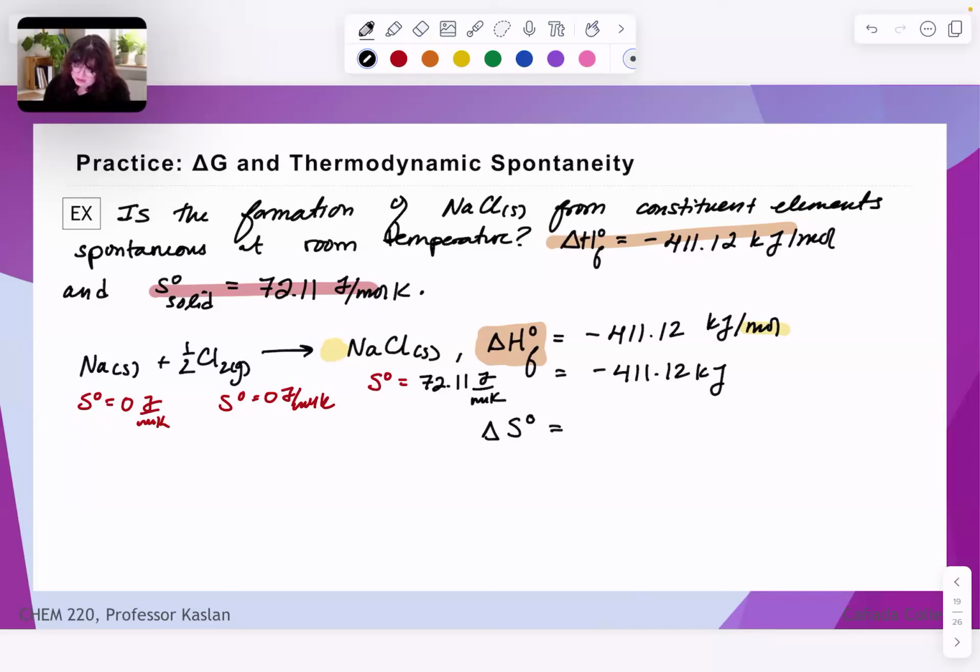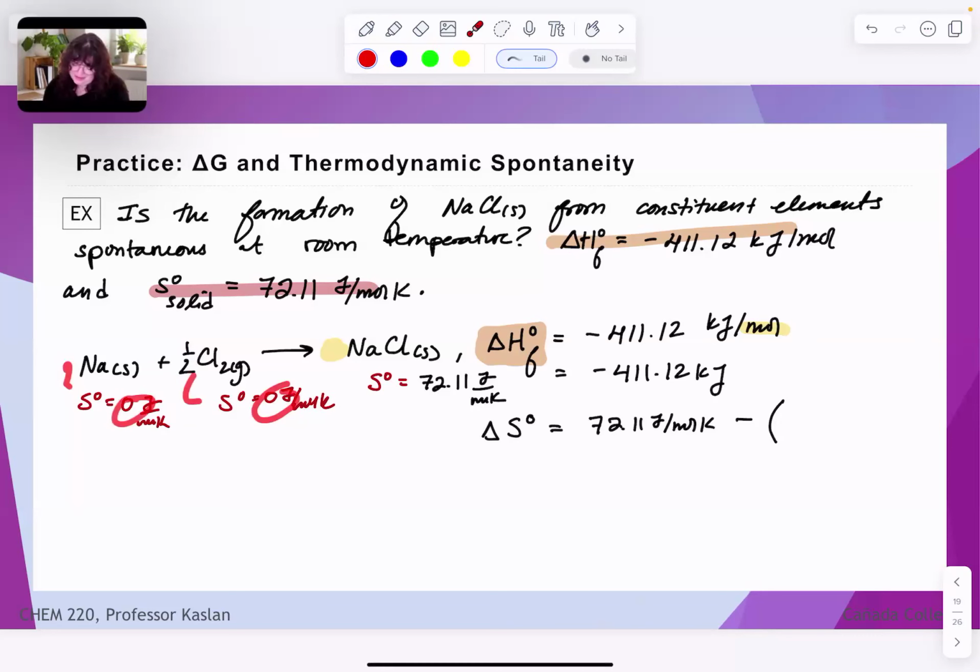So the standard change in entropy, this is going to be my products. So this is my 72.11 joules per mole Kelvin, minus the sum of the reactants scaled by their coefficients. Notice I could do 0 times 1 and 0 times 1/2, but no matter what, that would give me 0.